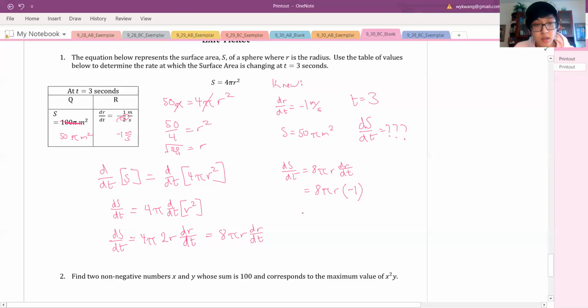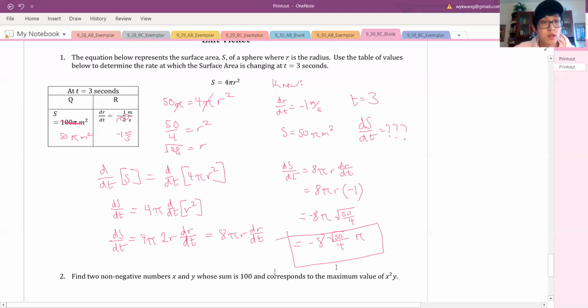So I'm going to say equals 8 pi times r, which is the square root of 50 over 4, and then times -1. So honestly, you could kind of just leave your answer like this: -8 pi square root of 50 over 4. If you want to figure out all the math, you can do that too to get an actual number. But I'm fine with this.